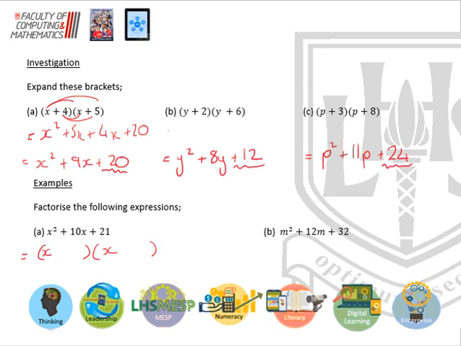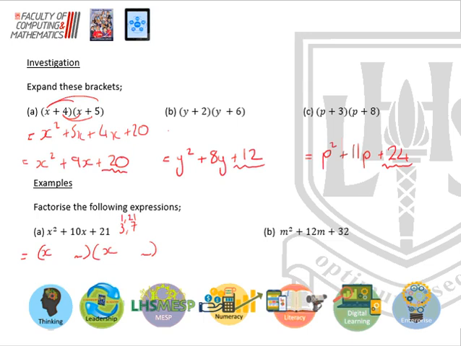And this 24 was 3 times 8. So here I know the two numbers have to multiply to give me positive 21. If you can identify your factor pairs, in this case 1 times 21 gives you 21 and 3 times 7 gives you 21.